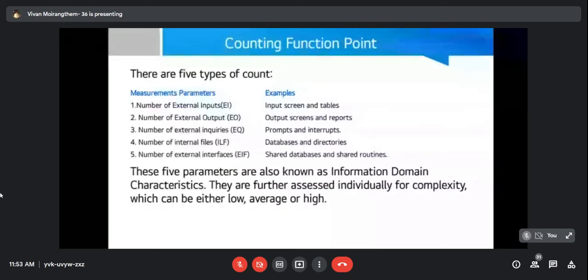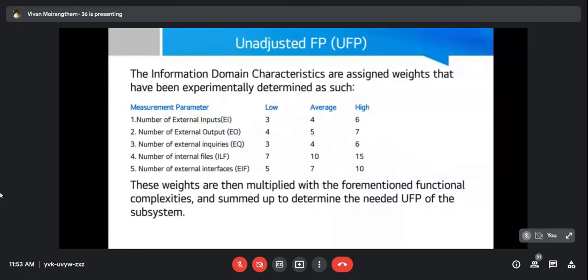These information domain characteristics are again assessed individually for complexity. This we will see in the next slide. So now that we have our 5 parameters, we will be given a value for each of these individual parameters.